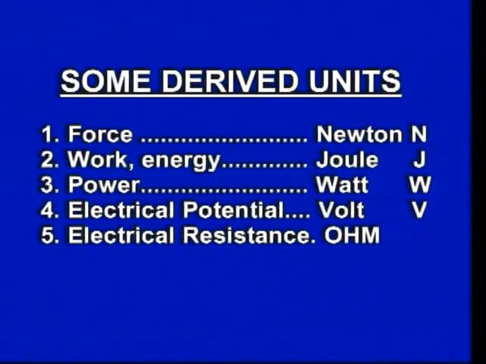Some are force, unit Newton, work and energy, unit joule, power, its unit is watt, electrical potential, its unit is volt, electric resistance, its unit is ohm. These units are called derived units because they can be obtained from the use of fundamental units.